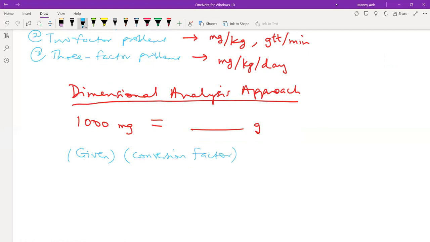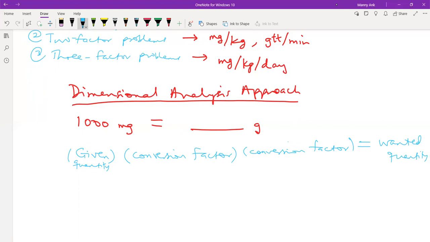Could be one, or it could be a series, maybe another conversion factor, and so on, till you get your wanted quantity. So start with the given quantity, multiply by a series of conversion factors to give you the wanted. It may be one conversion factor or several conversion factors, depending on the problem.